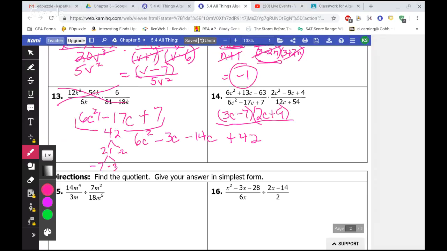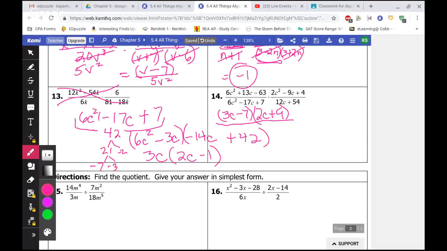All right. So now you're going to group things together. I could take a 3c out of this first piece, and that's going to leave me 2c minus 1, right? Yes.